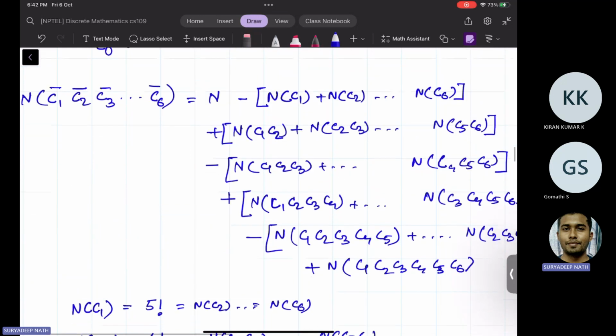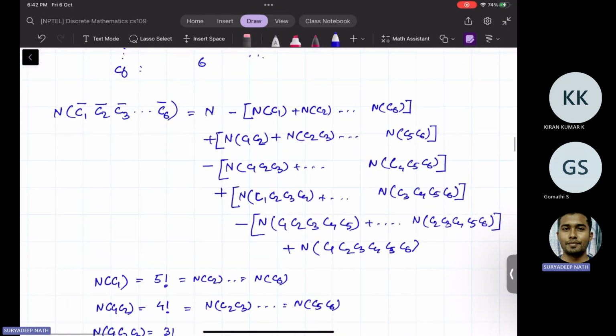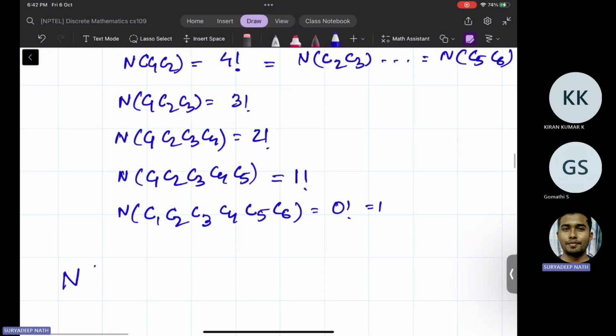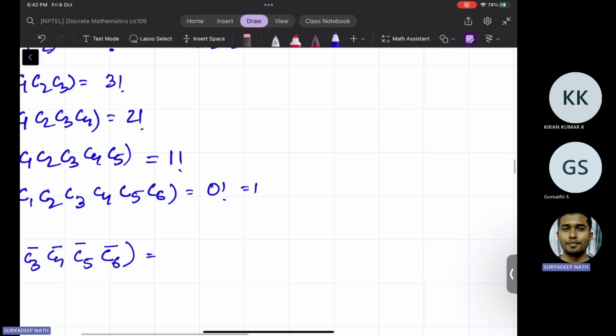So if we plug it back in, for not C1, not C2, not C3, not C4, not C5, not C6, first we have n, which is 6 factorial, because the coats can be arranged in 6 factorial ways. Next we minus the number of ways we can select one out of them: 6 choose 1, 5 factorial.